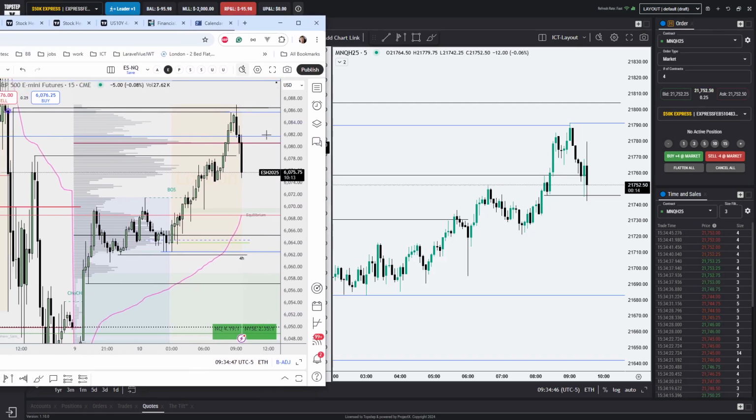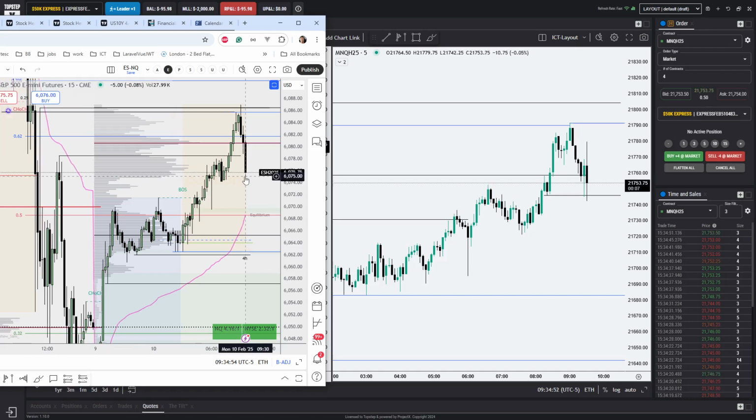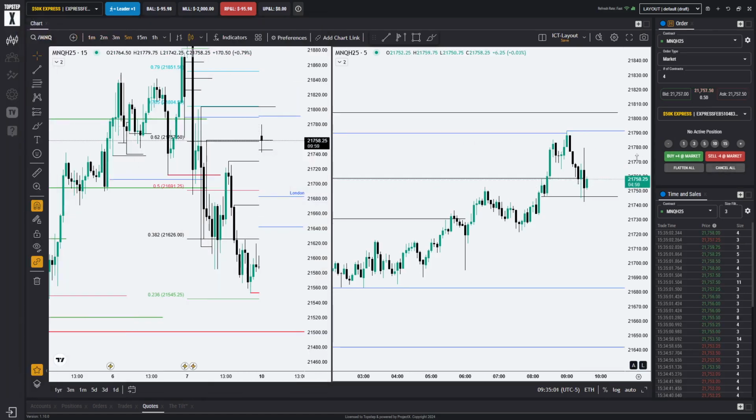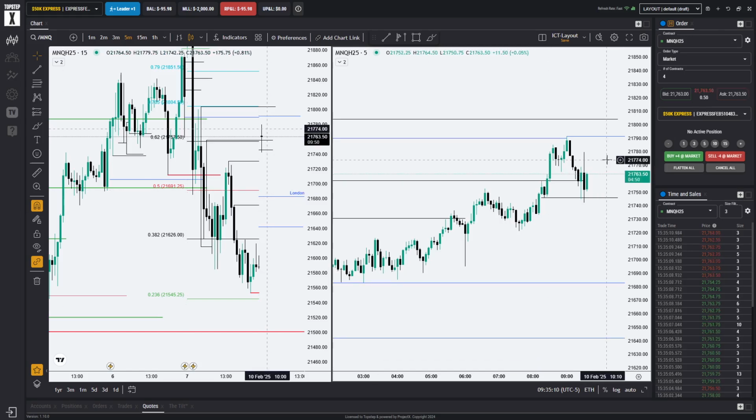Here's ES, 15-minute candle. Okay, bouncing, bouncing back up. Let's wait.